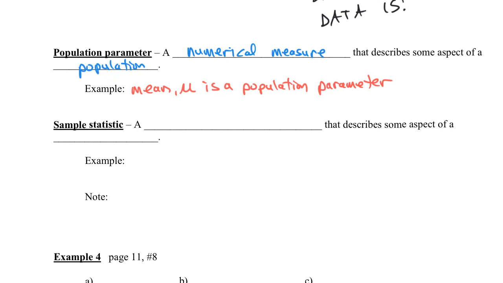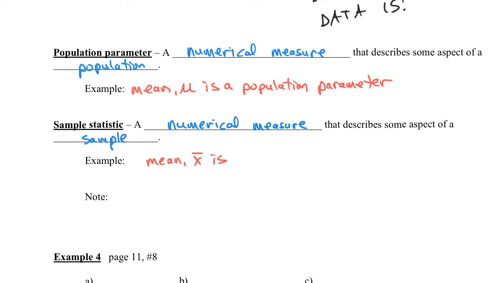It's a population parameter. Okay, a sample statistic is a numerical measure that describes some aspect of a what? Sample. And an example of that would be mean x bar.